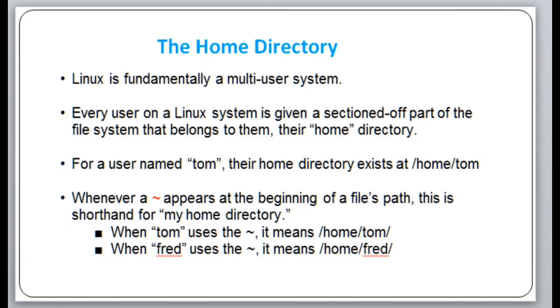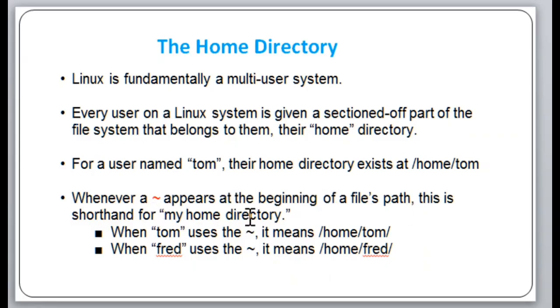Alright, so moving on, we're going to talk about the home directory. Linux is fundamentally a multi-user system. Every user on a Linux system is given a sectioned off part of the file system that belongs to them, or their home directory. So for a user named Tom, their home directory exists at /home/Tom. Whenever a squiggly line, also called a tilde, appears at the beginning of a file path, this is shorthand for my home directory.